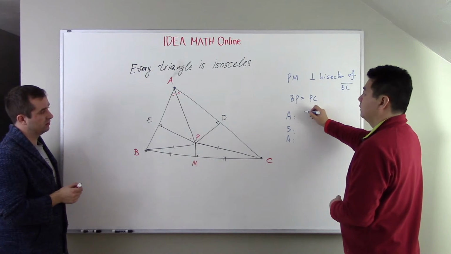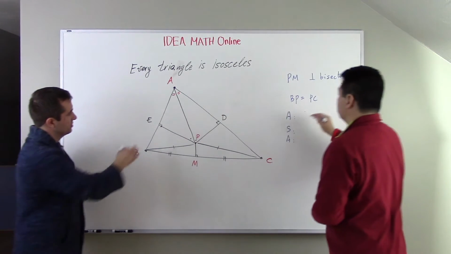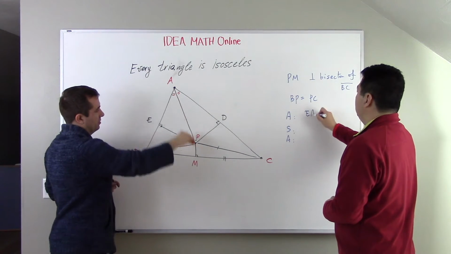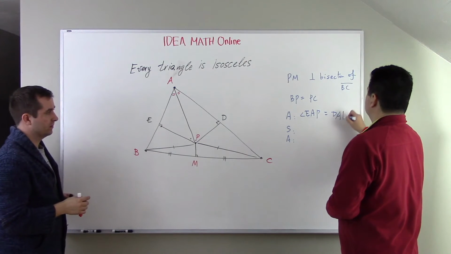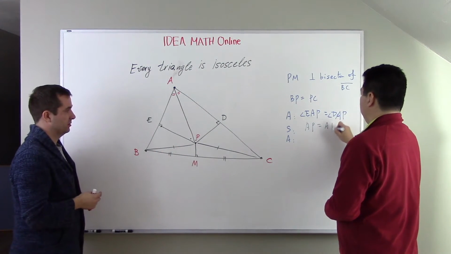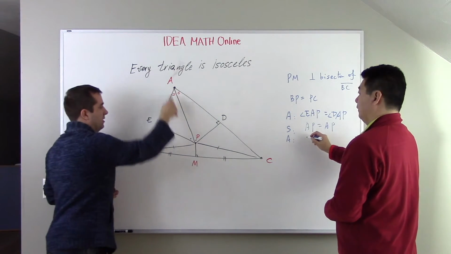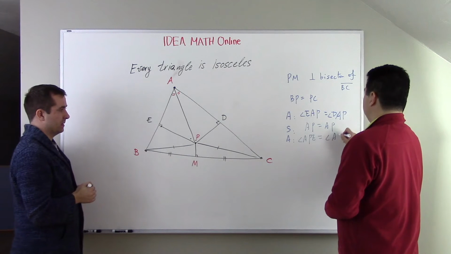So over here, you are looking at these two triangles. First of all, EAP is equal to DAP. Side AP is common. And over here you have APE equal to APD.